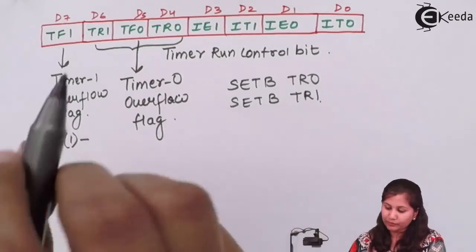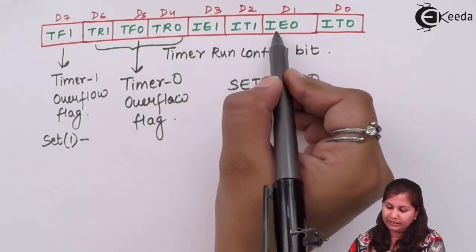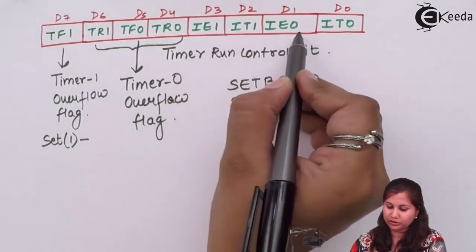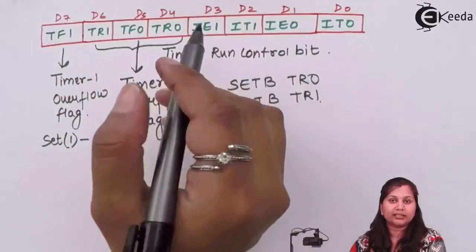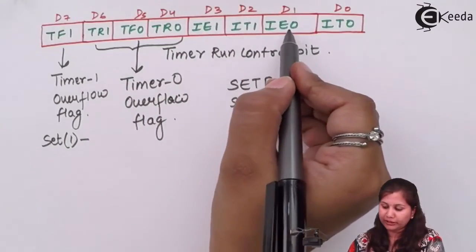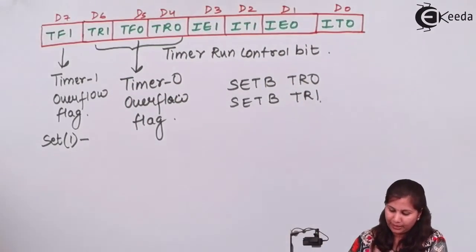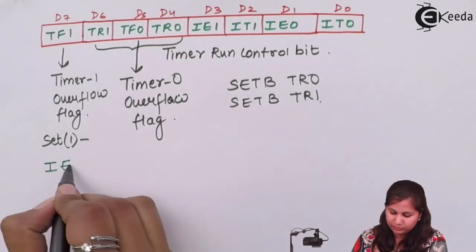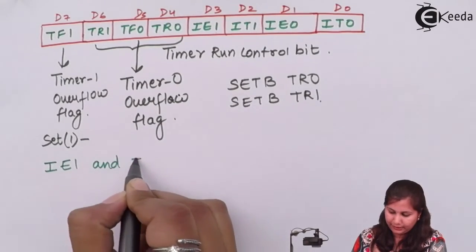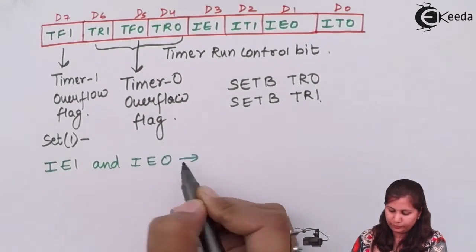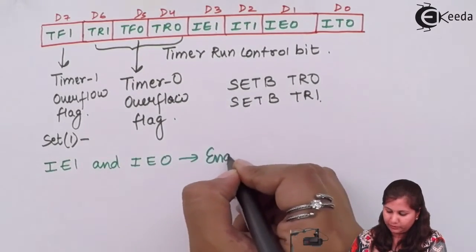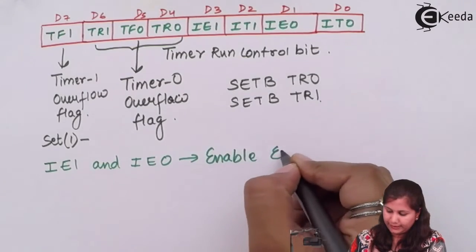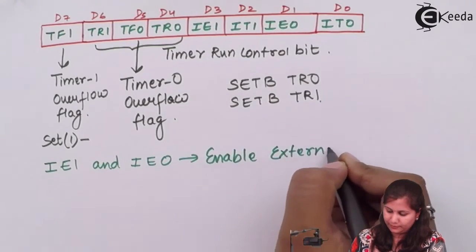Then we have IE1 and IE0. These are for the external interrupts.